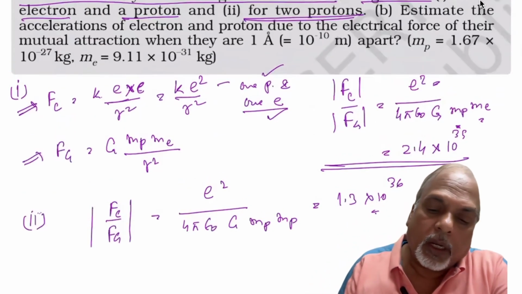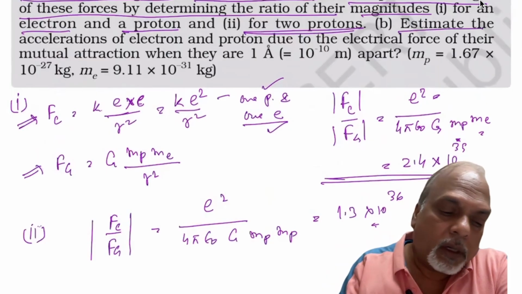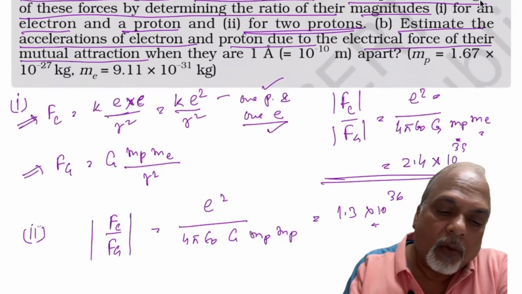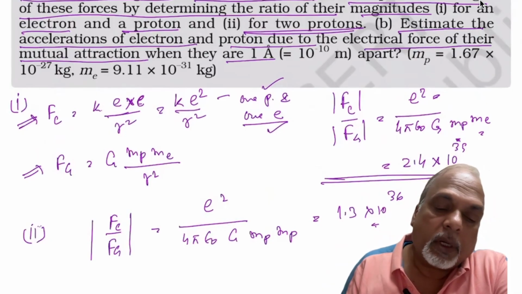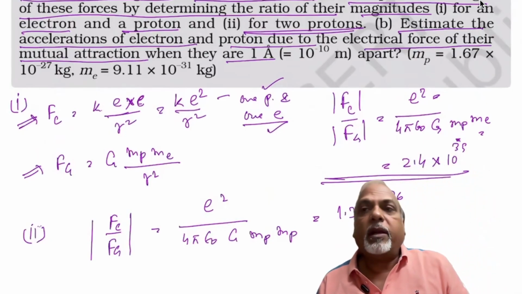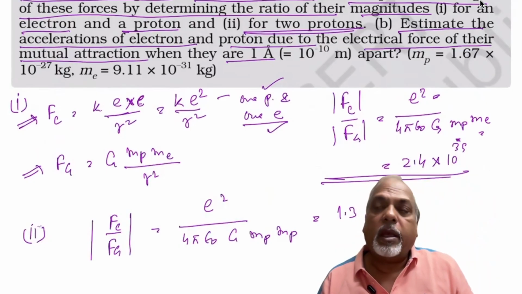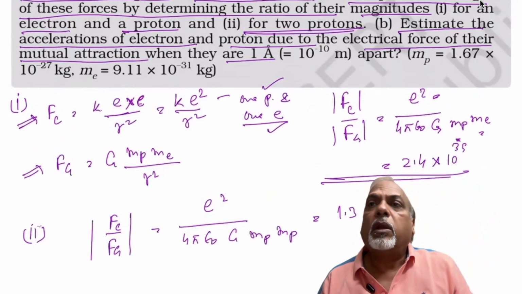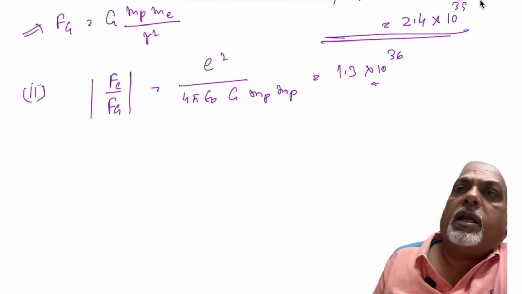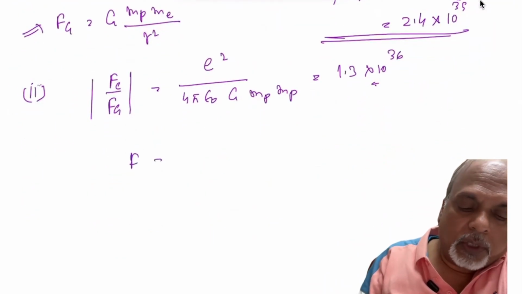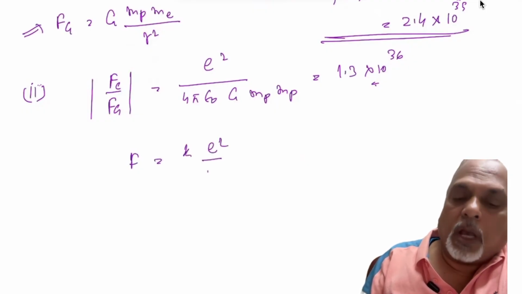Now, estimate the acceleration of the electron and proton due to electric force of their mutual attraction when they are 1 angstrom apart, correct? So, let us see what is the electric force. Electric force is nothing but K e square upon r square.